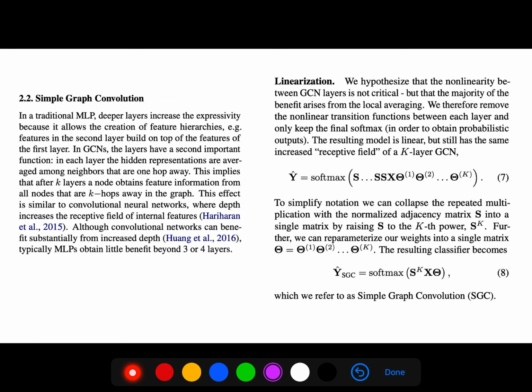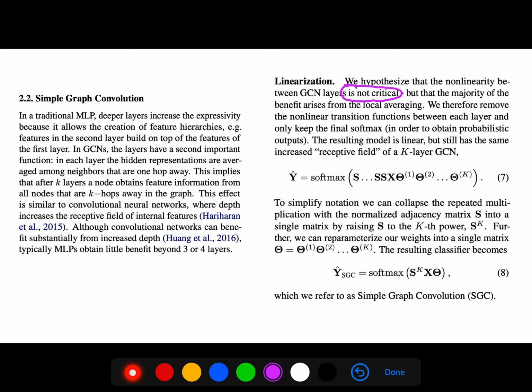But what about simple graph convolution? We hypothesize that the nonlinearity between GCN layers is not critical. This is an important statement. But the majority of the benefit arises from local averaging. We therefore remove the nonlinear transition function between each layer and only keep the final softmax in order to obtain probabilistic outputs, of course.